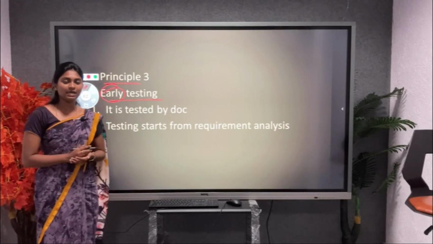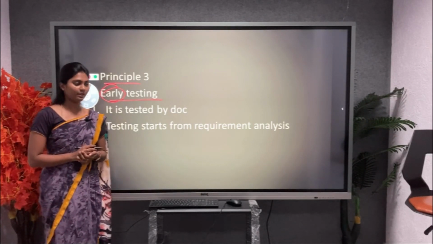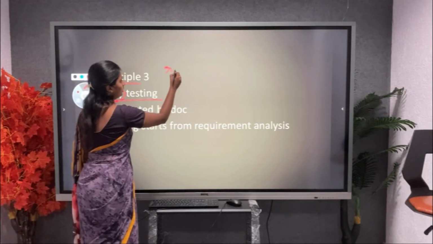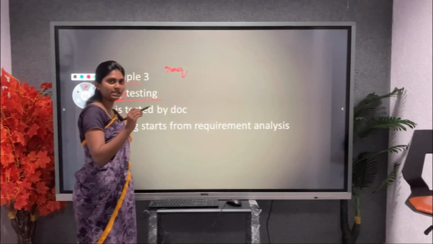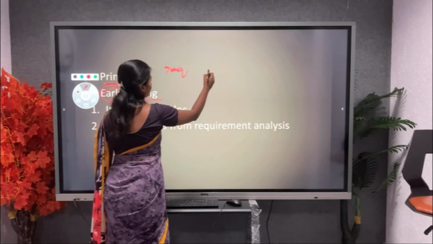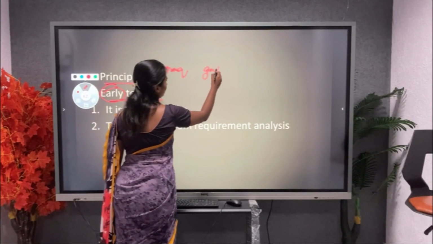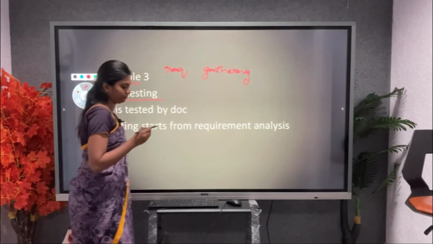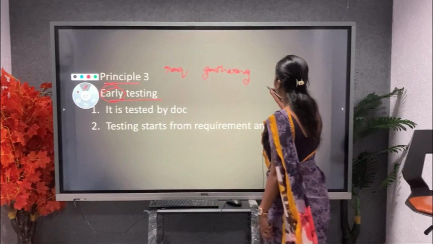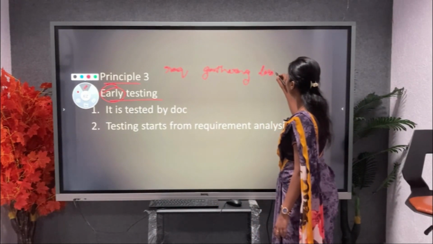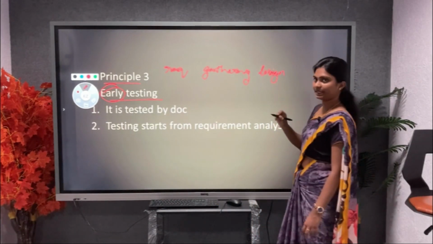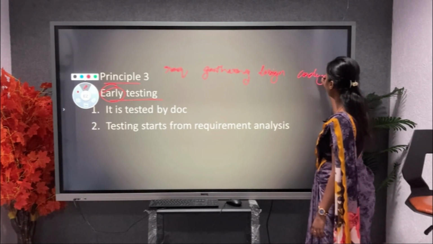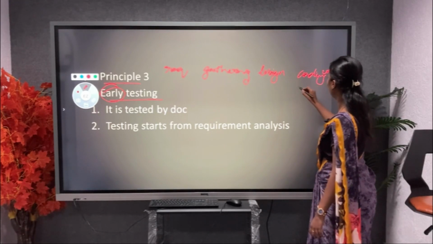Okay, in this third step in testing, we will require 4 steps, which are nothing but requirements, gathering, design, coding, or testing.